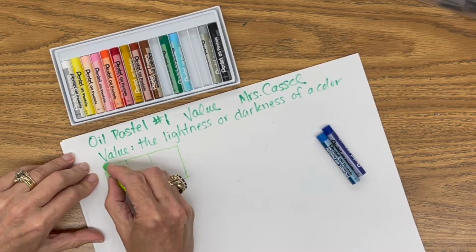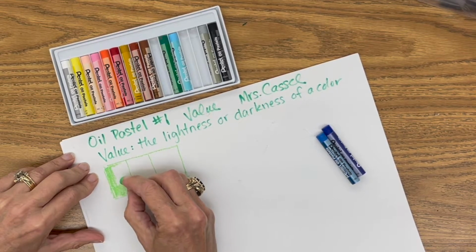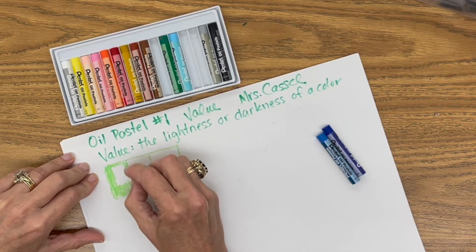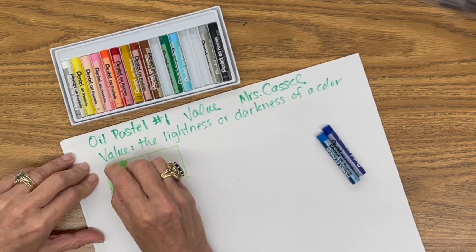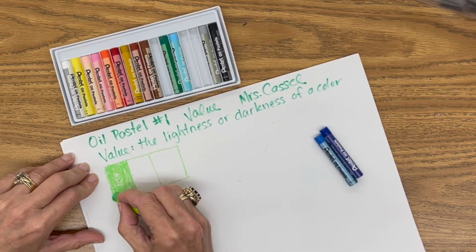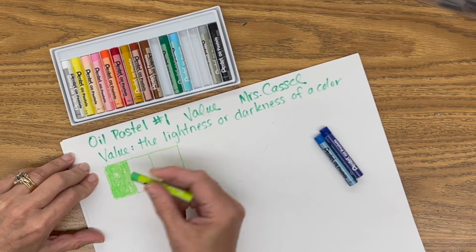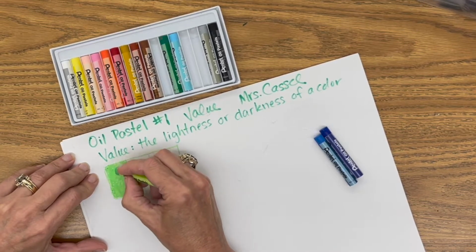So I'm going to use pressure to fill in my space here. I'm going to put the darkest value I can create with just this pastel in this box.